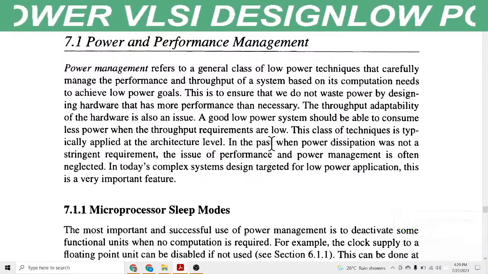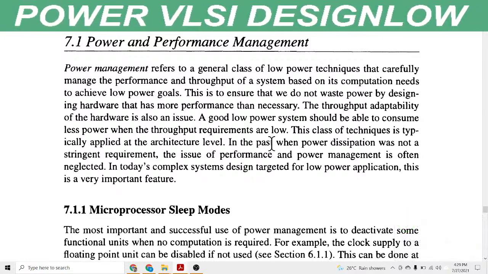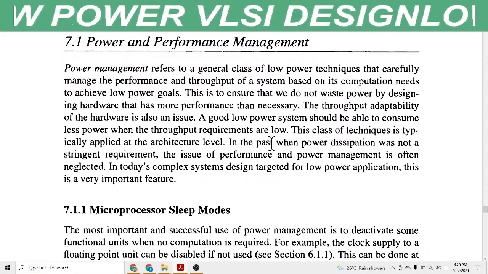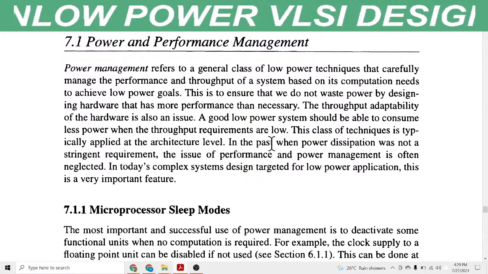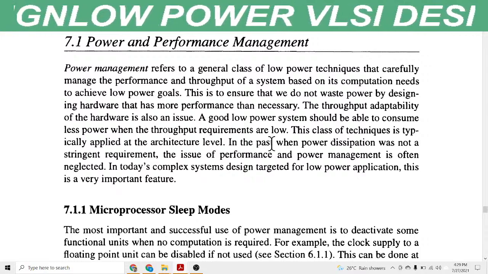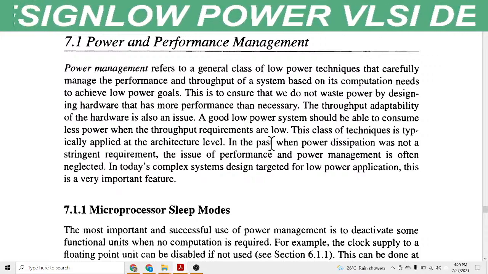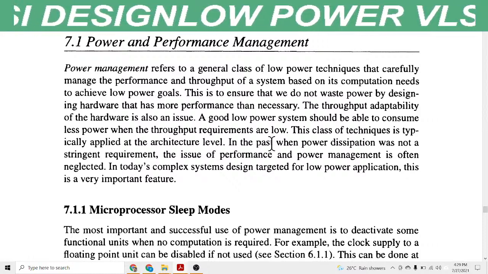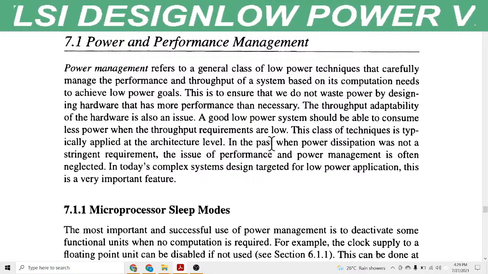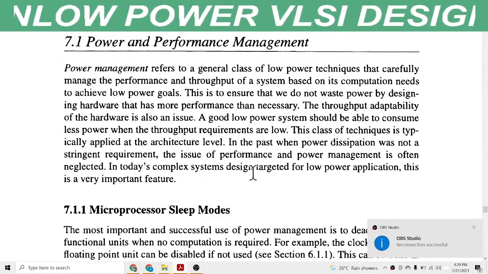It means that we need a power that is minimized or maximized according to the requirement of the circuit. So if the power requirement of the circuit increases or decreases.